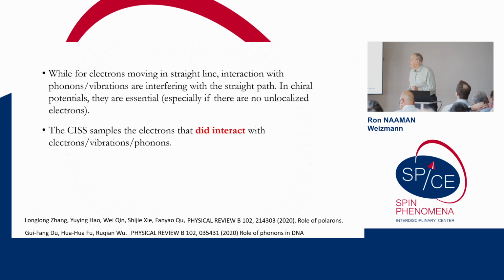What we see here is only the electrons that did interact with electrons or phonons. So if you like, it's the complementary population of electrons that you don't see in regular conduction. We have to be very careful here, because many things that we learn about conduction are not valid if you speak about conduction through a tertiary path like a chiral system.